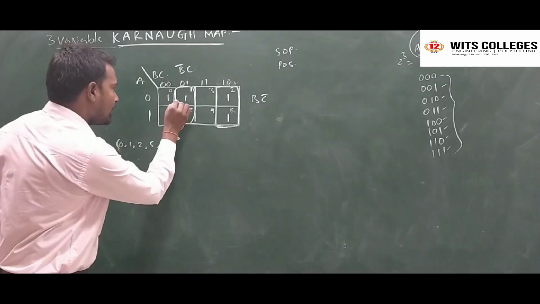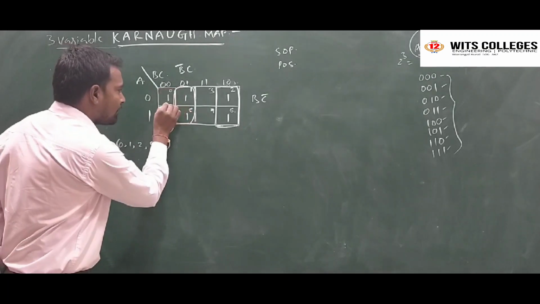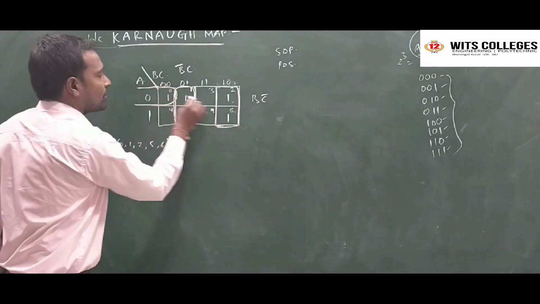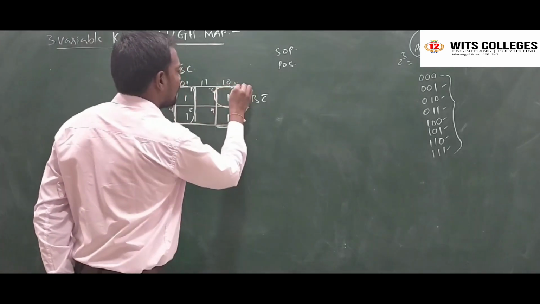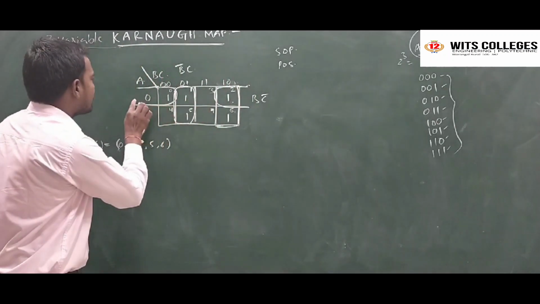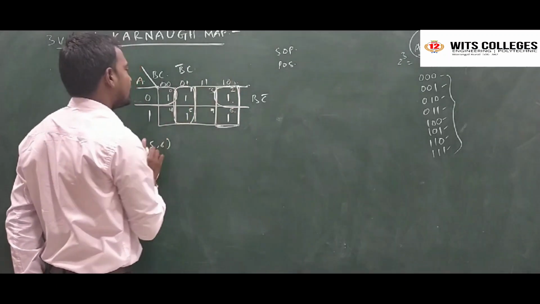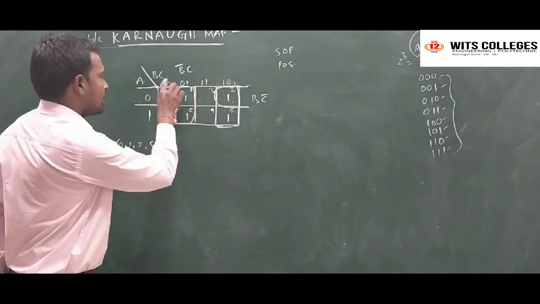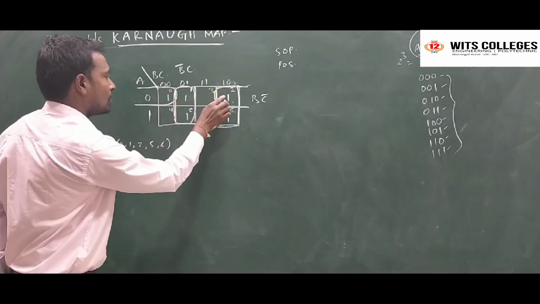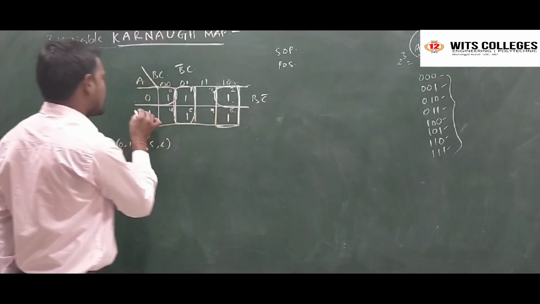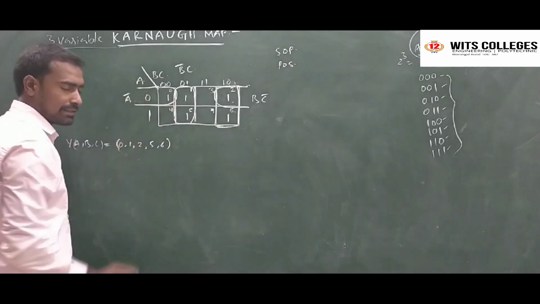Okay, so here for the simplification, 1 and 1, we can take the corner variables, and this side a is equal to 0 and this side b and c we will get. So for this we will get a is equal to 0, so that means we can write this as a bar.